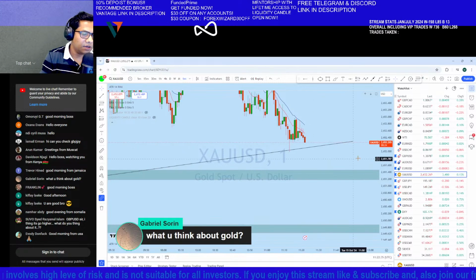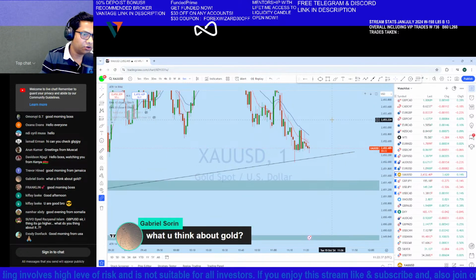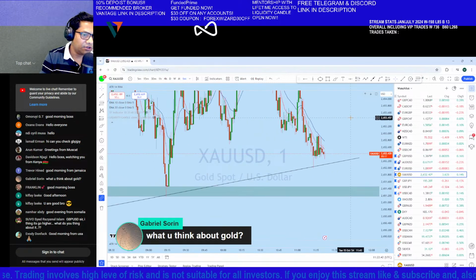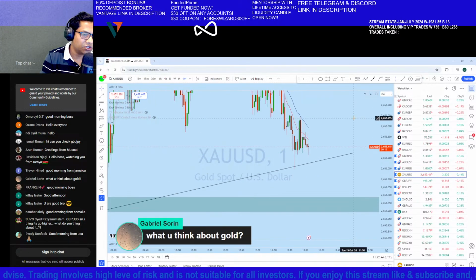On the lower time frame, it looks like we might see a potential break of structure in that area, which we are expecting on XAUUSD to break from that structure.